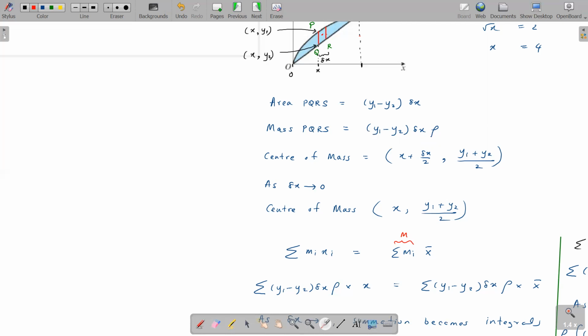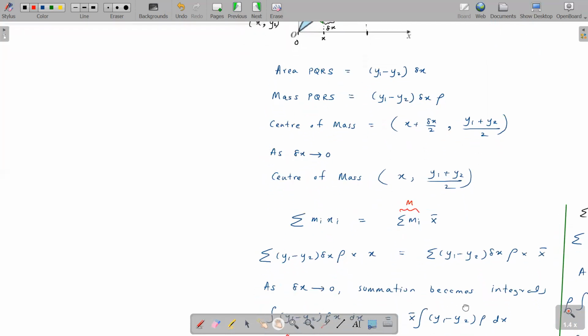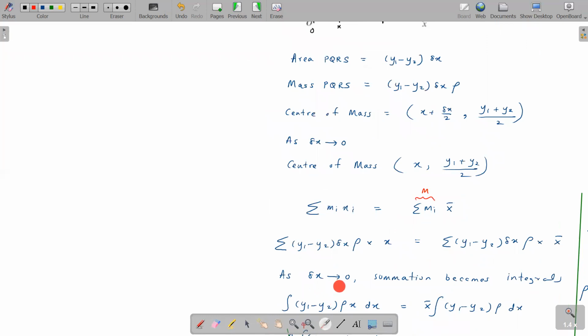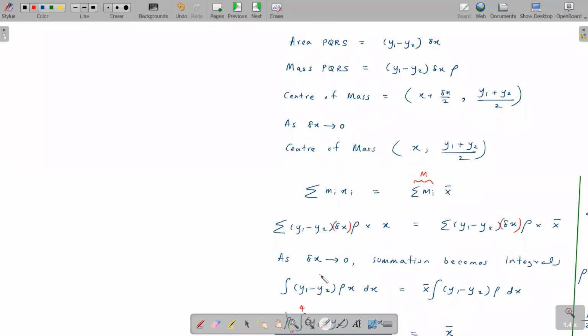All right, guys. The next thing we do is, as delta x limits to 0, the summation becomes an integral. So the summation sign becomes integration and delta x becomes dx. So (y1 minus y2) rho times x times delta x becomes dx. Over here, the x bar doesn't come inside the integration.